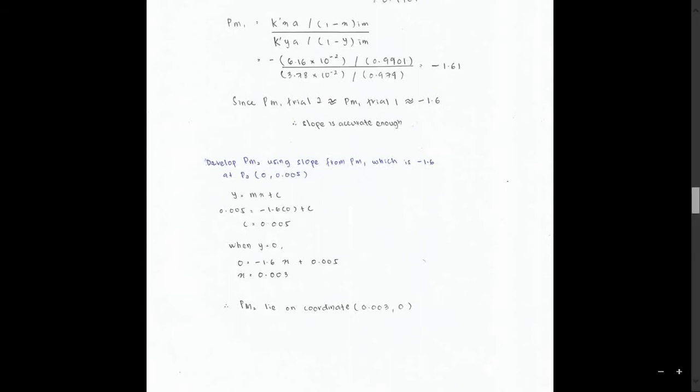Then just substitute in the original packed absorption column equation, and you will get the value for the packed absorption column for the second trial, which is Pn1 equal to minus 1.6.